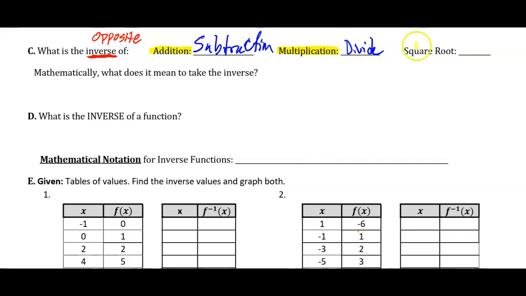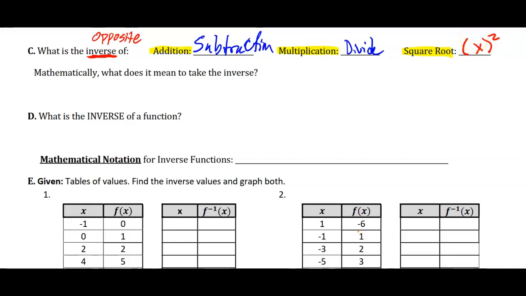And if I think about the opposite operation of a square root, the opposite of that is essentially something squared.